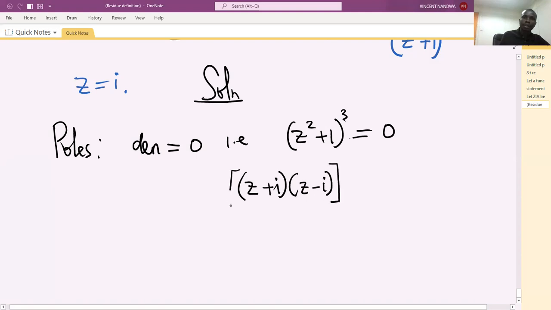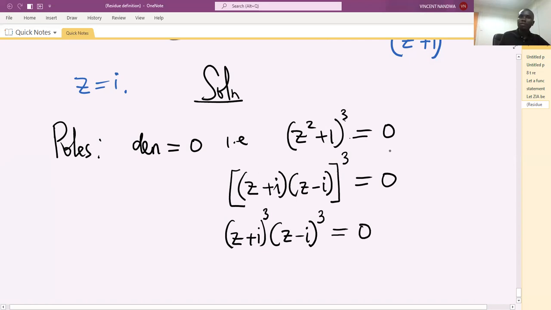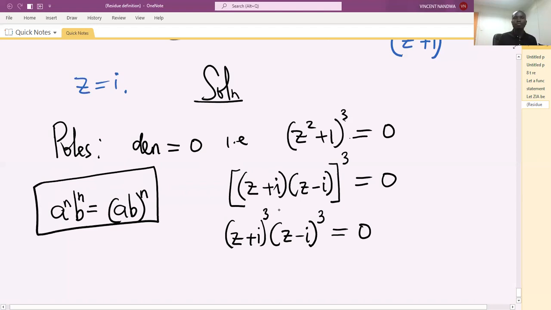So we raise this to power 3, we get 0. So this is the same thing as saying z plus i times z minus i, this power 3 is equal to 0. So I'm using lots of indices: if I have (ab) power n, it is the same as a power n times b power n. So this is the property that I'm trying to apply to these brackets.